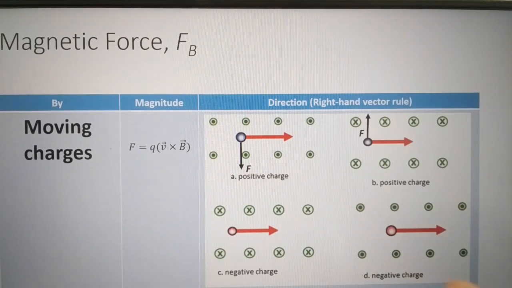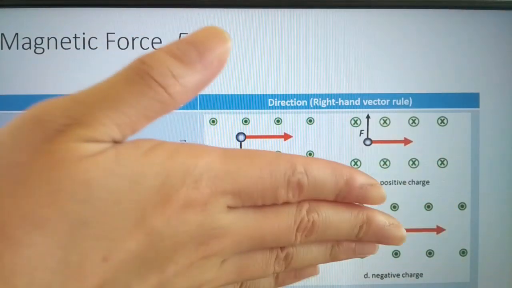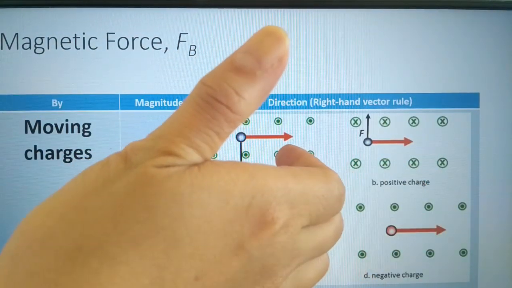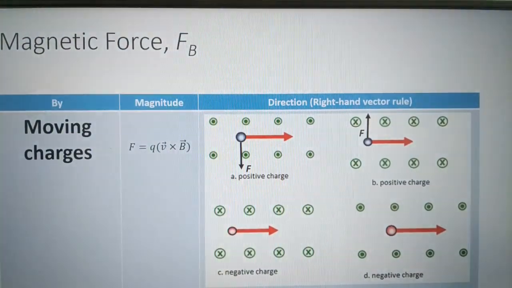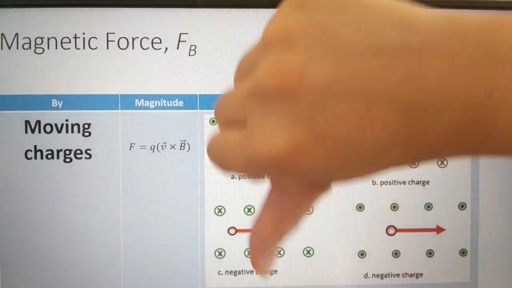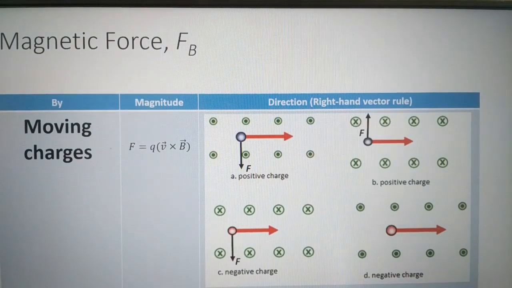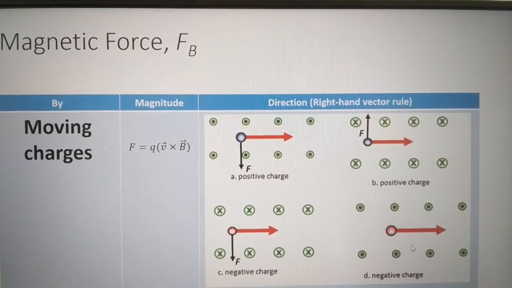So what about this one here? It's the same thing. Velocity there, cross magnetic field into the page. My force is upward. But because it's a negative charge, now my force becomes downward. What about this one here? It's a negative charge.